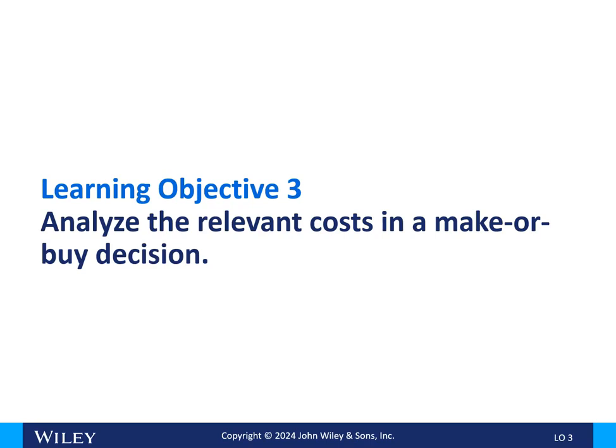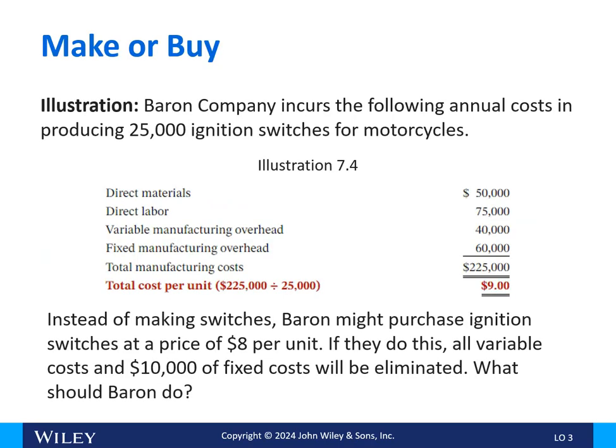Now let's look at the relevant costs in a make or buy decision. So Bayer & Company incurs the following annual costs in producing 25,000 ignition switches for motorcycles. So we have direct materials, direct labor, variable overhead, fixed overhead, total manufacturing costs of $225,000. We make 25,000 switches, so $9 per unit.